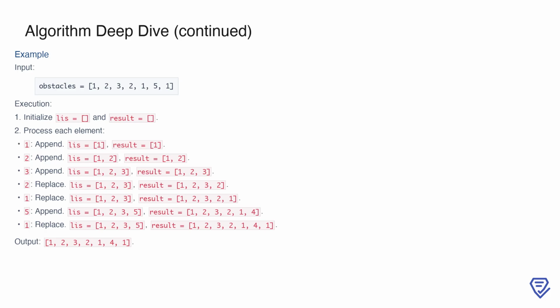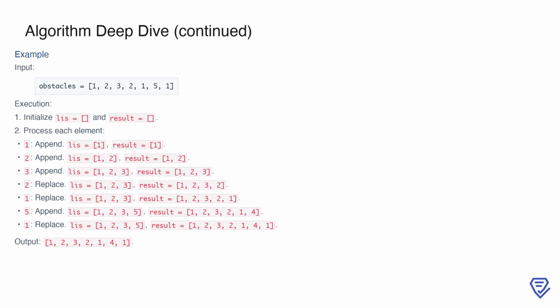Consider the input array obstacles as 1, 2, 3, 2, 1, 5, 1. We initialize least as an empty list and result as an empty array. Processing the first element, 1, we append it to least since it starts a new subsequence. The least becomes [1], and result is updated to [1]. For the next element, 2, we append it to least as well, extending the subsequence.